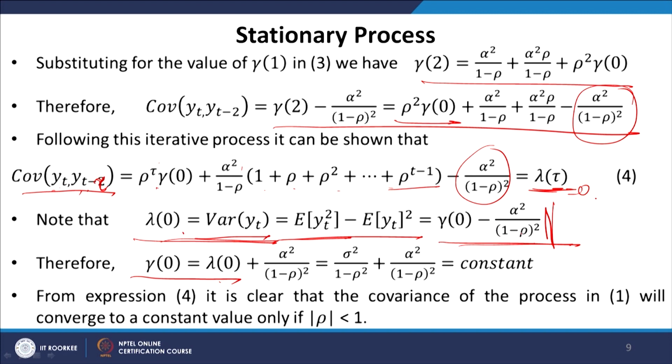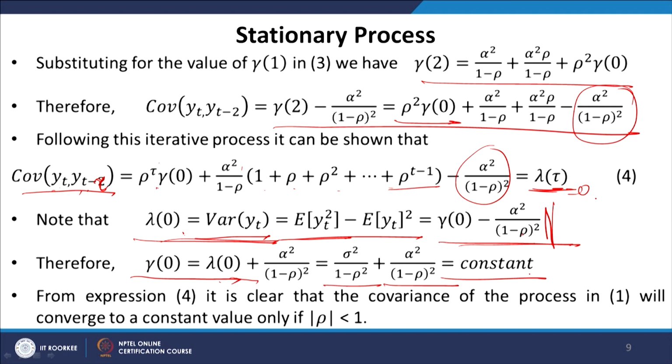So, lambda 0 plus this thing taken to the left hand side, lambda 0 is sigma square upon 1 minus rho square, and plus alpha square upon 1 minus rho whole square as it is. So, this is actually a constant.